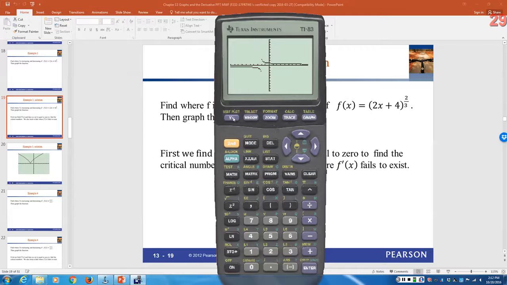So when we actually graph the function and not the derivative, we're going to see that it sort of does remind you of the derivative. And the derivative is graphing right here along with it.